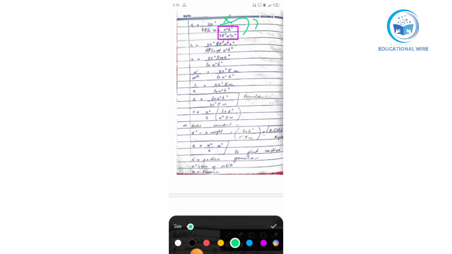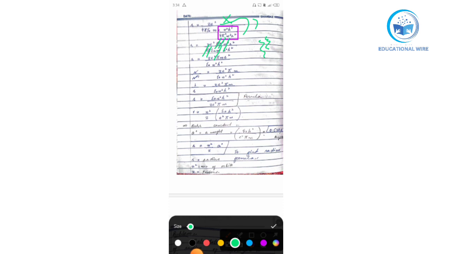So what we have done is r equal to z square, 4 we have cut with 4, one pi we cut with another pi, since there is pi square. We have m square, so we cut one m with another m.